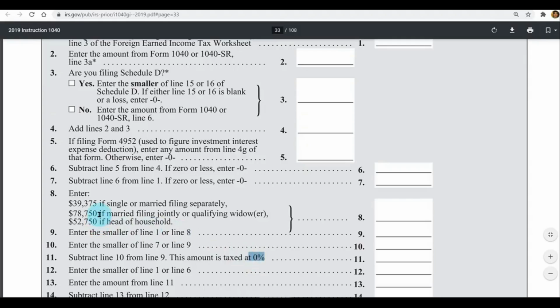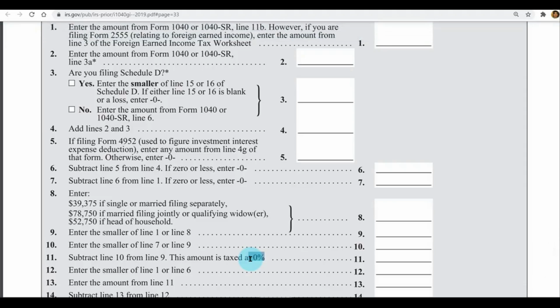And if you're married filing jointly and your taxable income is this amount here or less, the tax on the qualified dividend is 0%. And then the rest of the non-dividend income would be looked up on the tax table or tax rate schedule.